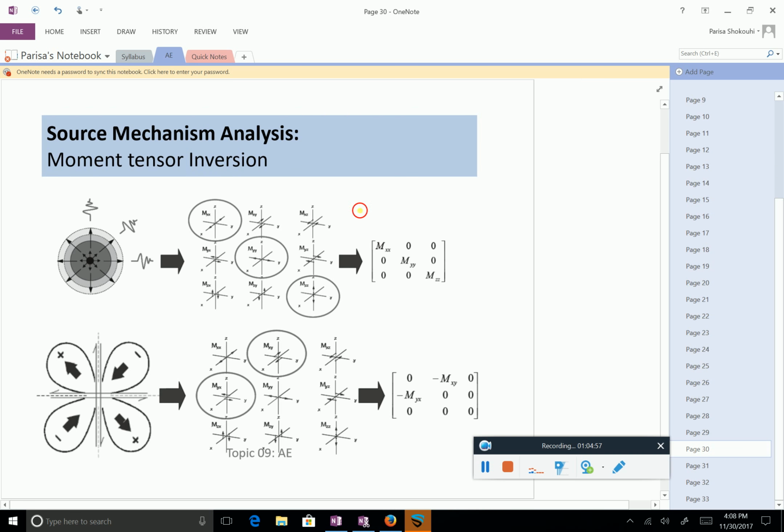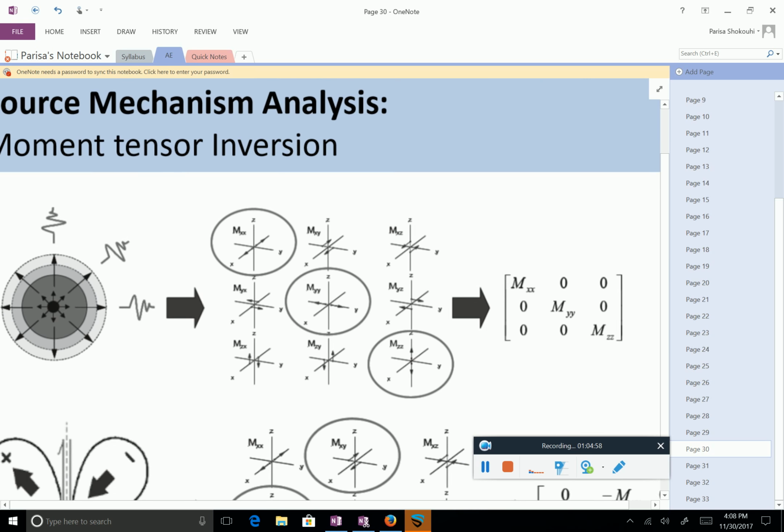For example, in the two examples that I showed you, if you have a perfectly explosive source, your moment tensor would be diagonal like that. You can look at these cartoons and relate that to this motion.